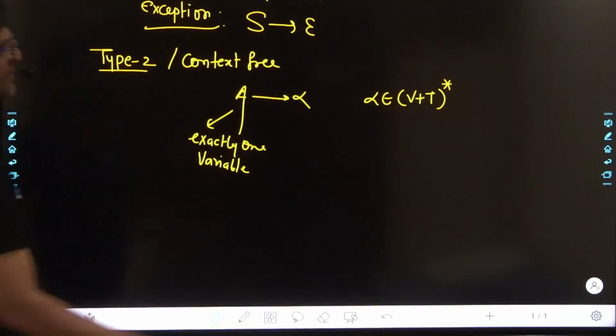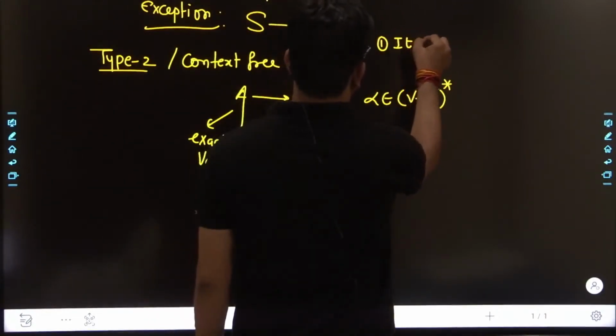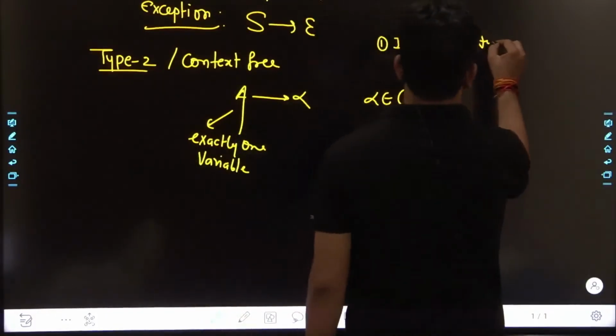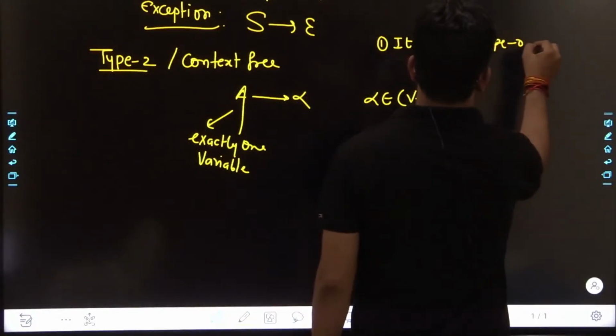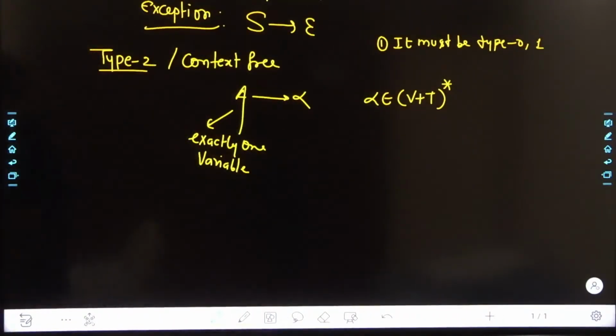So it must be type 0, type 1. So this is the definition of type 2 grammar. Clear?